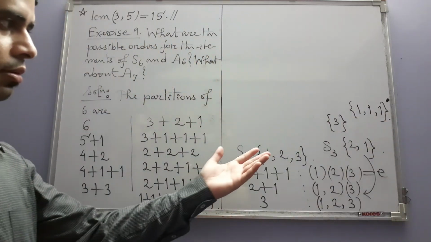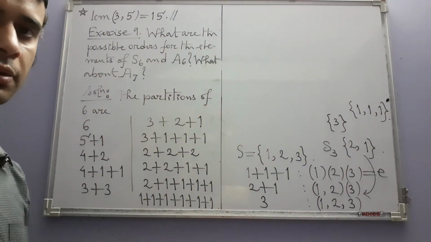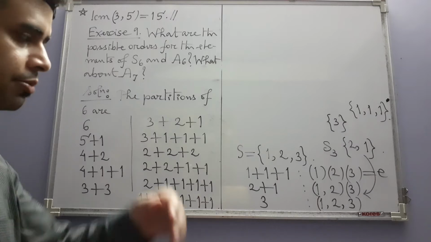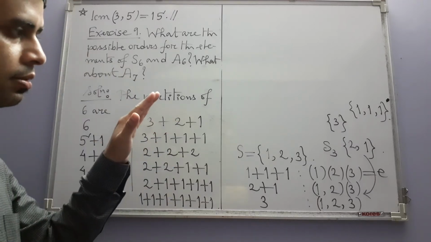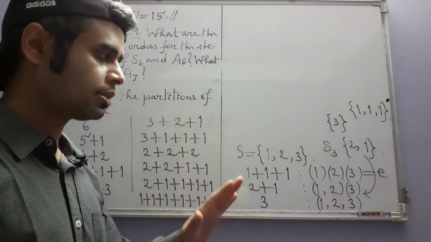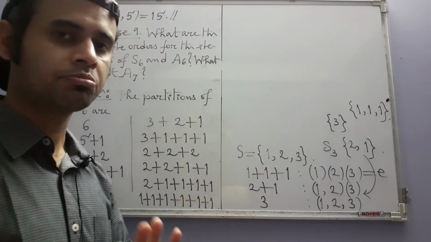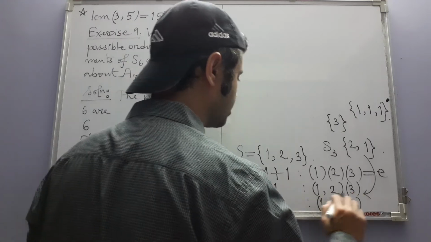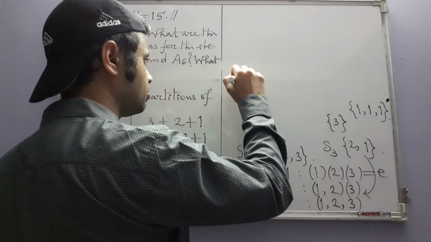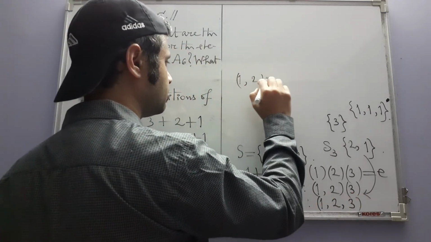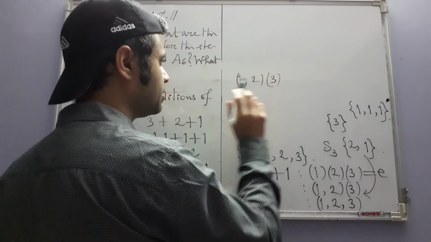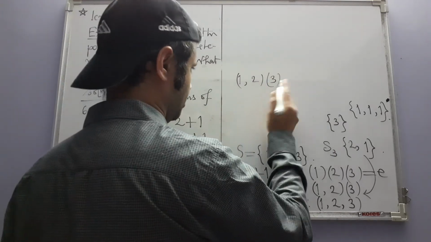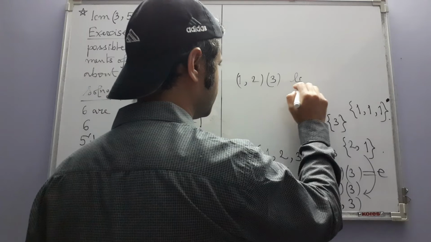And the way we are calculating orders of permutations, the order only depends on the cycle structure and not on the permutation itself. For example, if you want to calculate the order of this, say 1, 2, 3. Normally we don't write 3, but we are writing it here anyway.